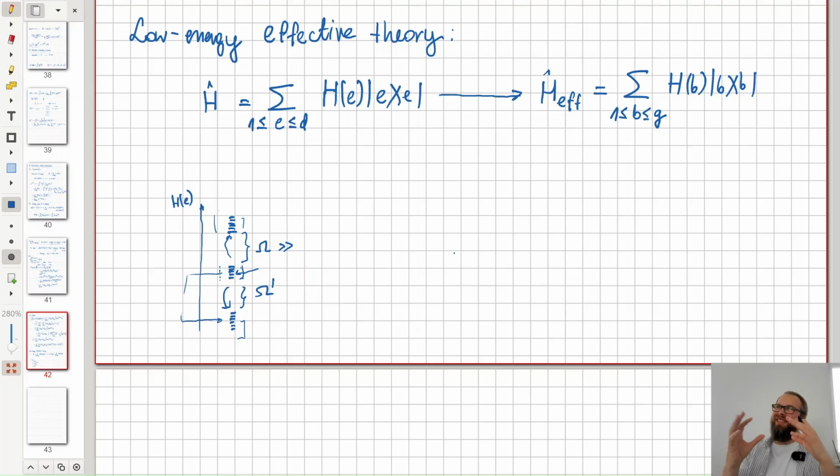That's why you almost always say low energy subspace and high energy subspace, and that is typically how it's used. But bear in mind that it's nothing perverse. If you are doing an effective theory for a middle or high energy subspace and getting rid of the low energy subspace, and your context requires this, that's fine.